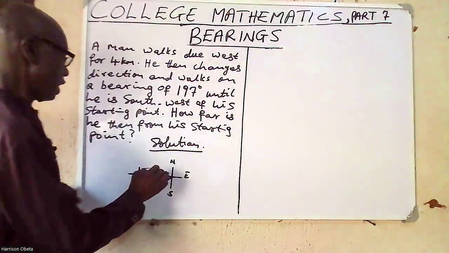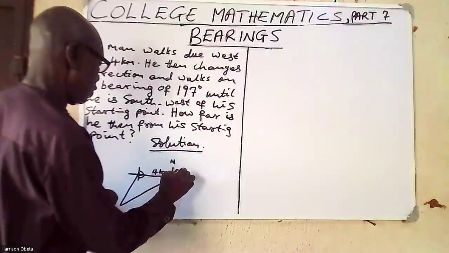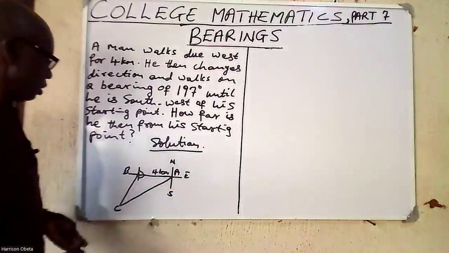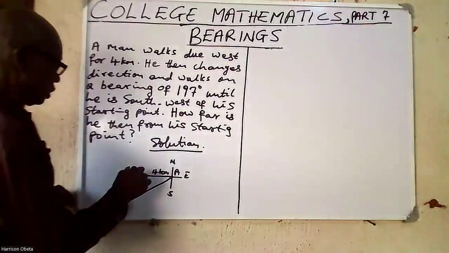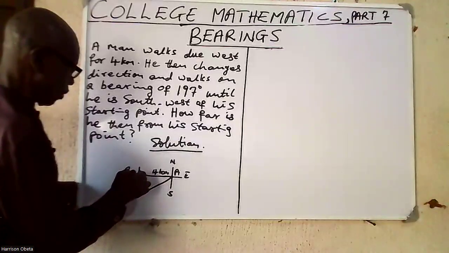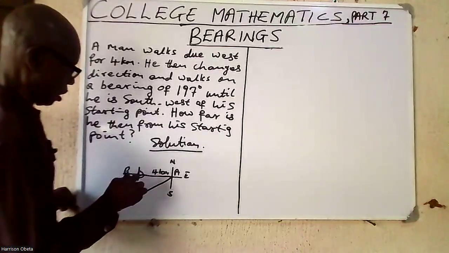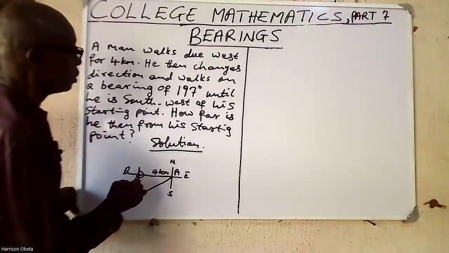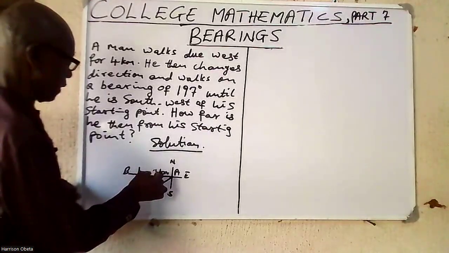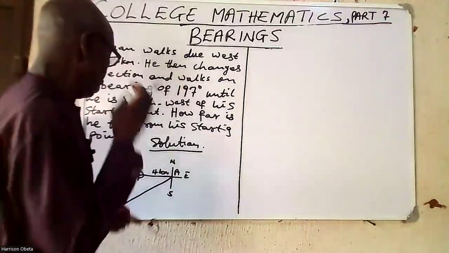So let us call this A, B, C. This is 180, then 197 will be here. Now, we only know this distance, so we are not given any other distance.